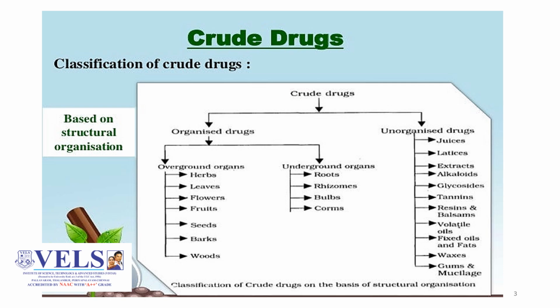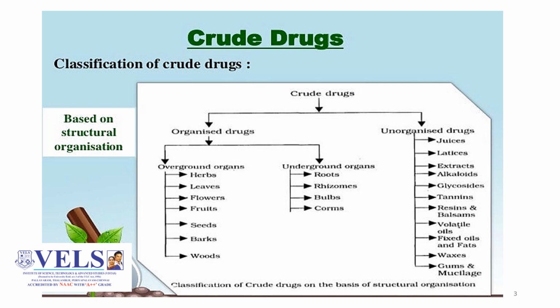Organized drugs are again divided into overground and underground organs. Overground organs are divided into herbs, leaves, flowers, fruits, seeds, barks, woods, etc. Underground organs are divided into roots, rhizomes, bulbs, corms, etc. So these are under organized crude drugs.